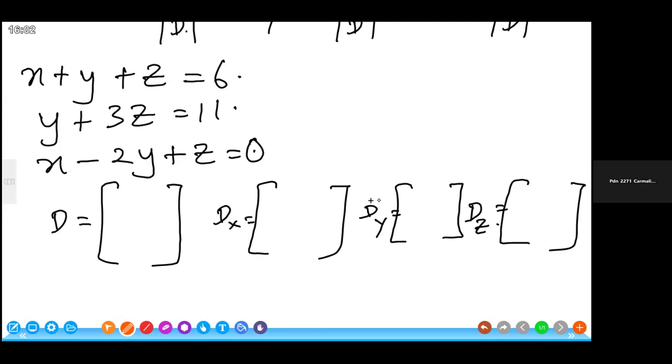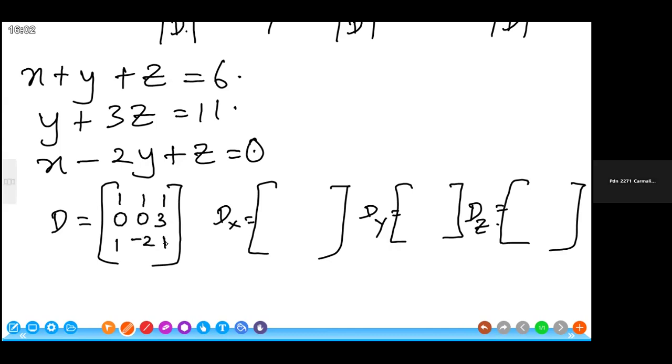Row wise: 1, 1, 1. Second row: 0, 0, 3. Then 1, minus 2, 1.